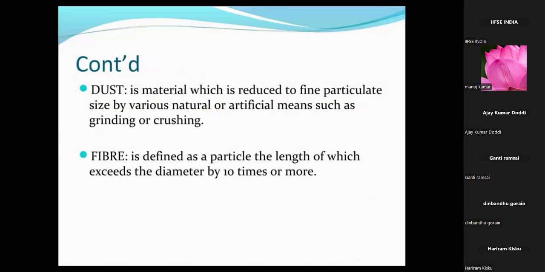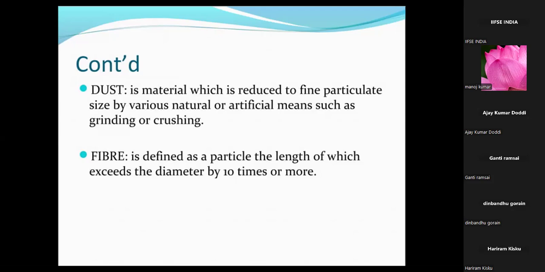Dust is a material that is reduced to fine particles by various natural or artificial means, such as grinding or crushing. The people who have an occupation in such industries, where grinding, crushing, or ore handling is done, and who are exposed to this type of dust, are more prone to this type of disease.